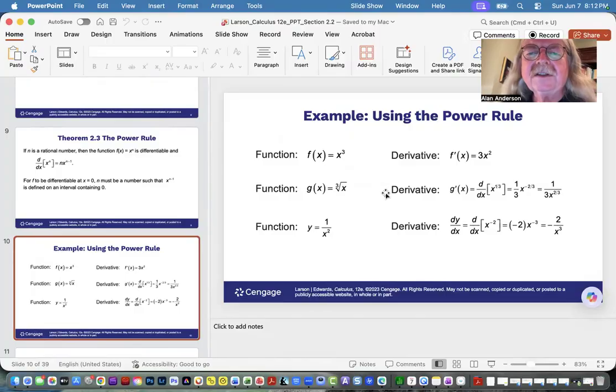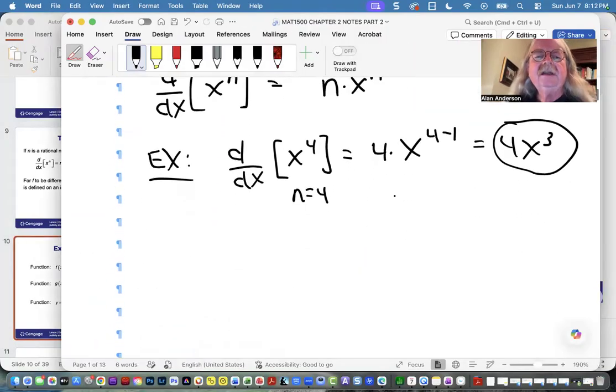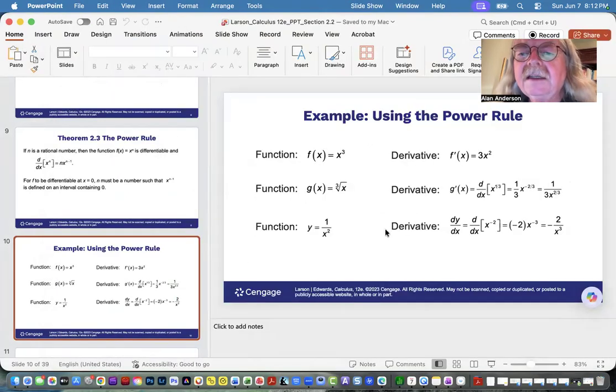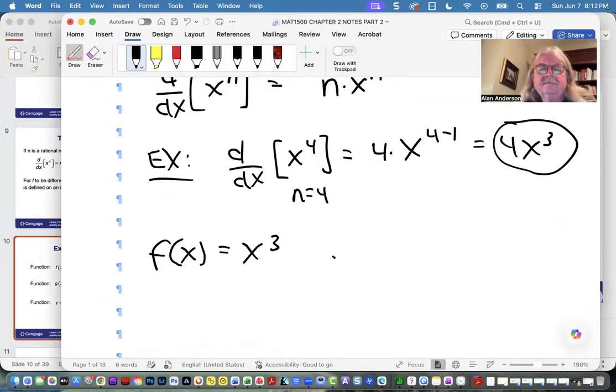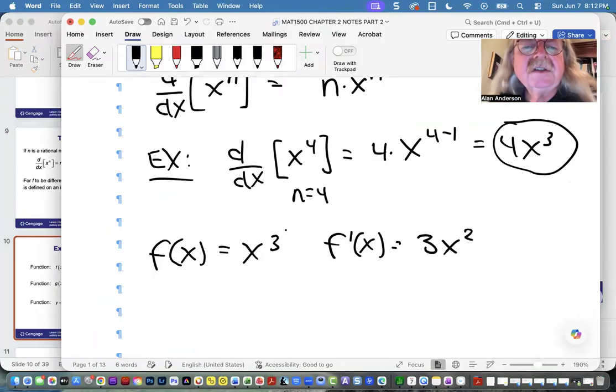Now, here's some other examples. For example, what if we have f of x is x cubed? So we can write, now here they're using the prime notation. It's just, since this is n, we start with the n, then we have x, and then the exponent becomes n minus 1.